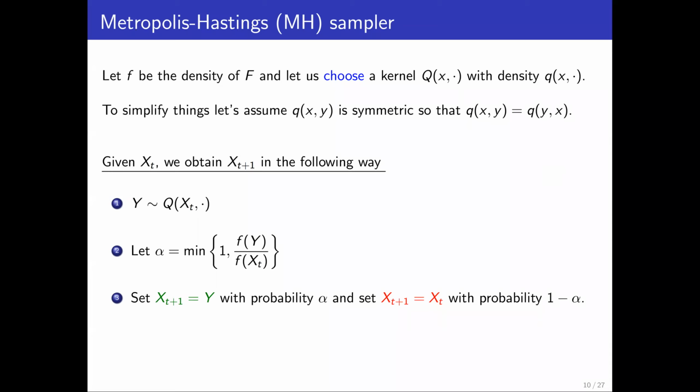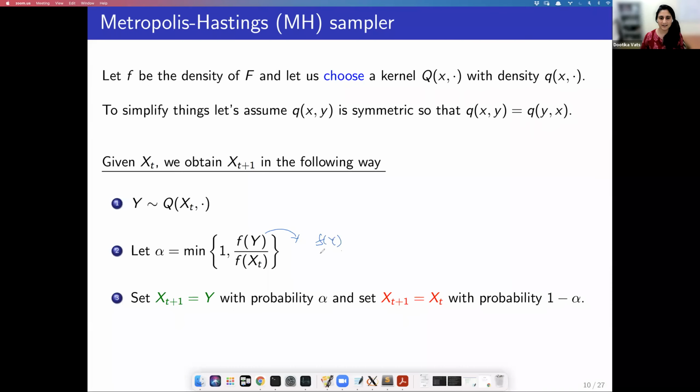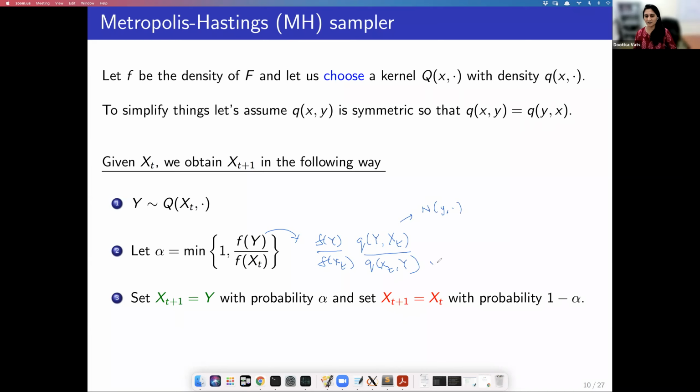Yeah, I had one small question. Where exactly was the symmetry of Q used? Now that you're on this slide, I forgot to ask that. Yeah, that's true. In reality, this is f of y, f of xt, q of going from y to xt, and q of xt going to y. You think of this as the density of a normal distribution drawing xt from y, and the density of a normal distribution, if you're using a normal kernel, drawing from mean xt with whatever the variance is.